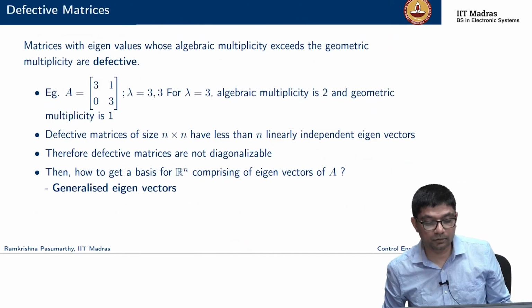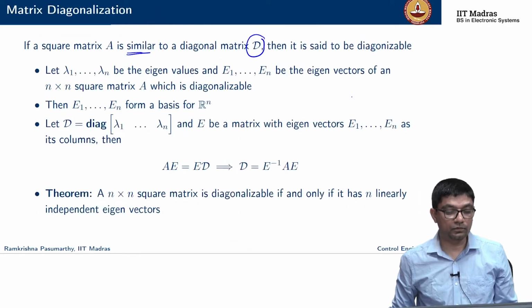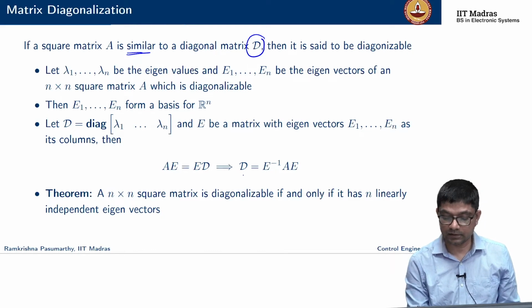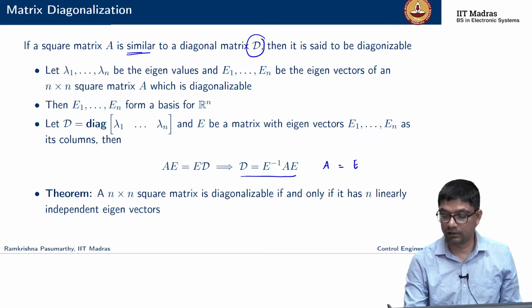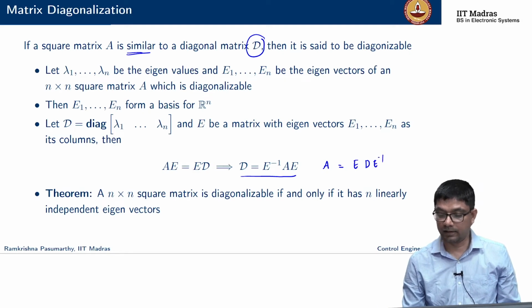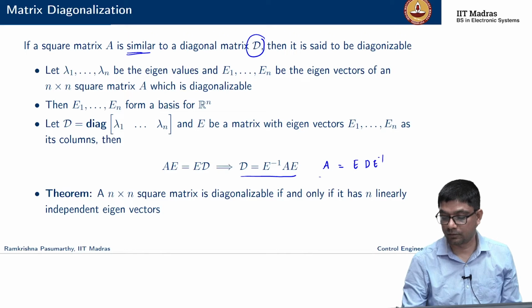Okay, so we'll come back to where we started off. This looks a little familiar, right? I can also write this as A equal to E D E inverse. So A and D are now similar in this sense.